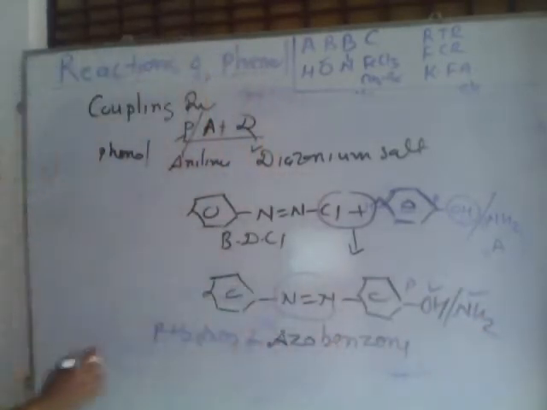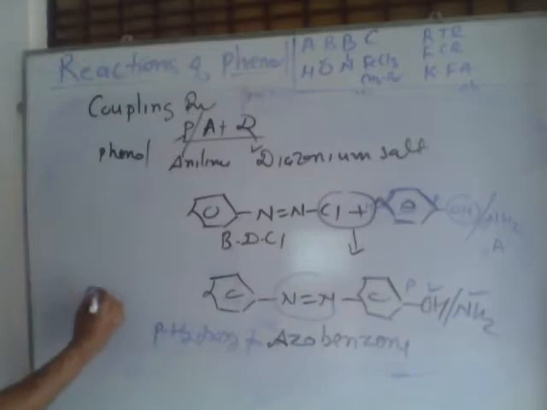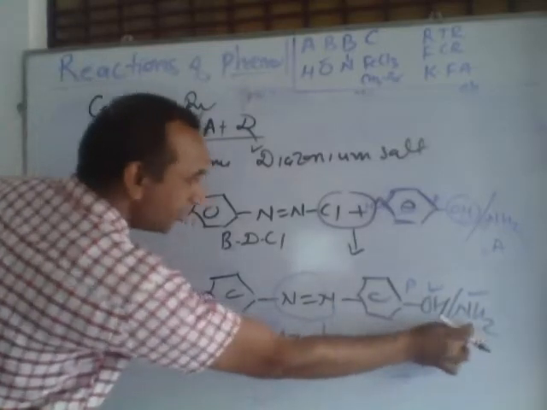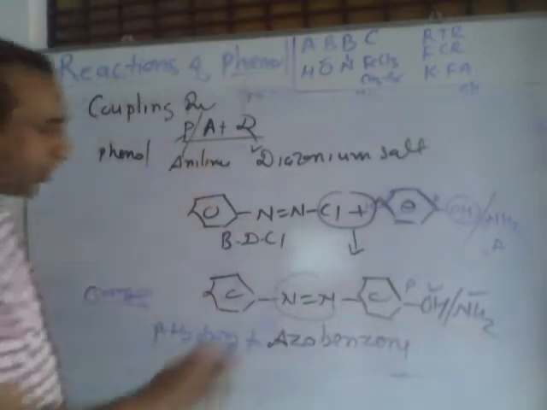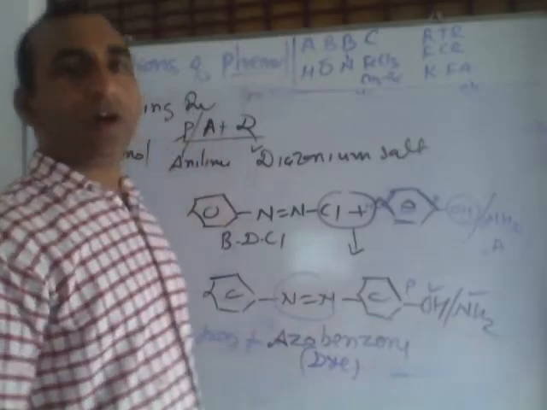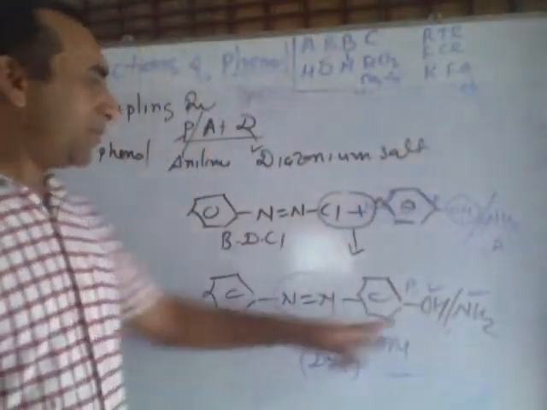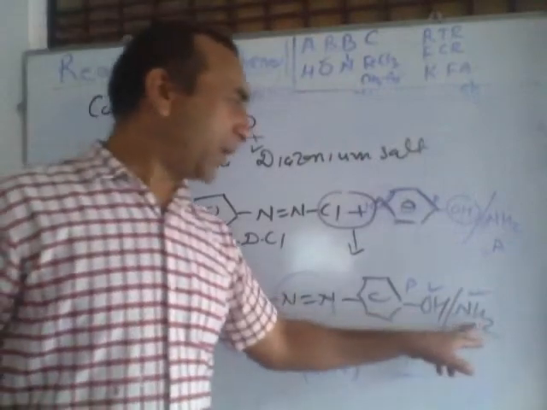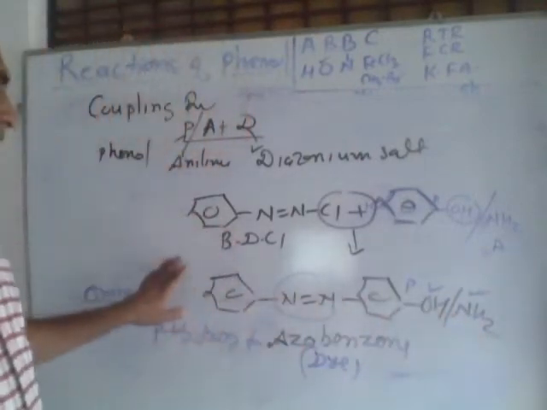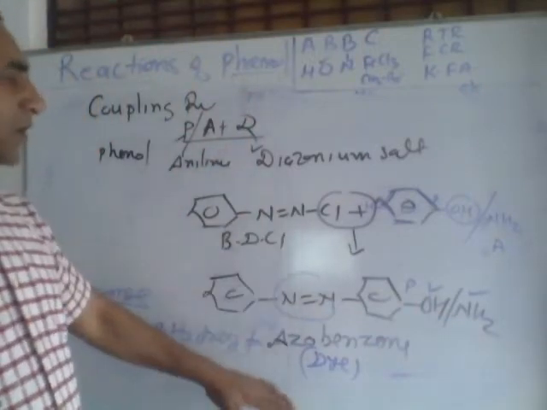The color of this compound, in case of hydroxy, is orange. Otherwise, in case of NH2, it is yellow. So actually this is a dye, which is used for coloring clothes. So para hydroxy azobenzene and para amino azobenzene are dyes, and the formation of this dye reaction is called coupling reaction.